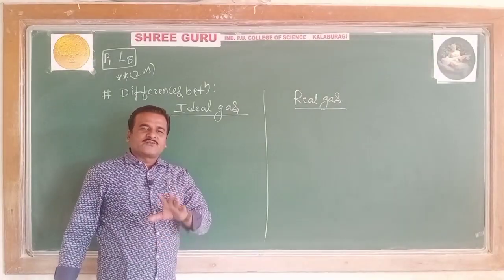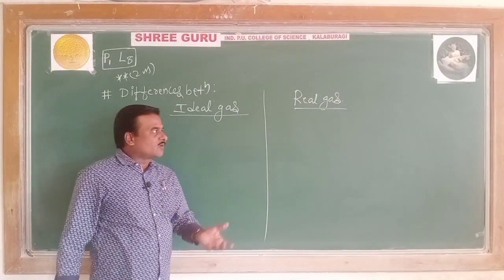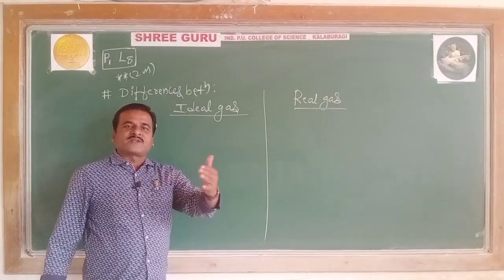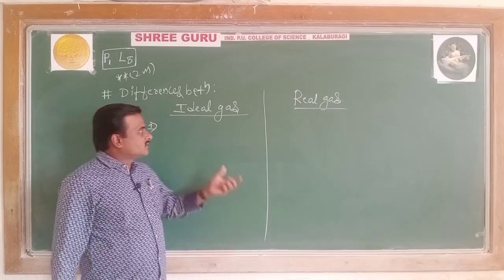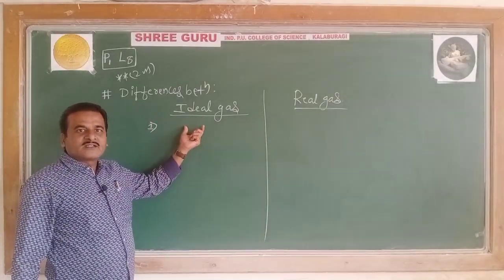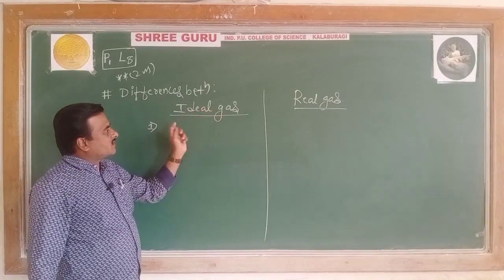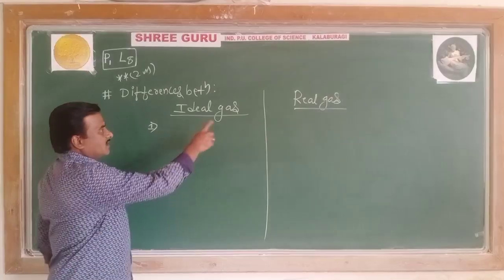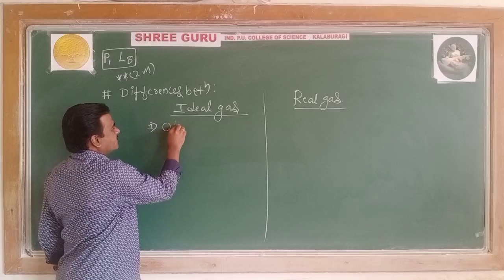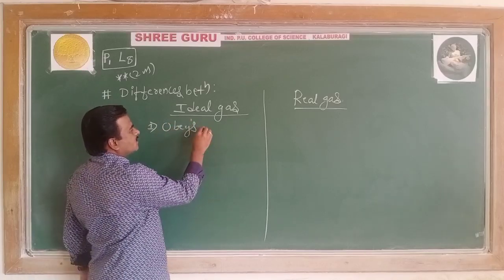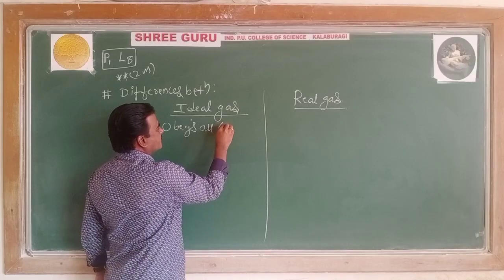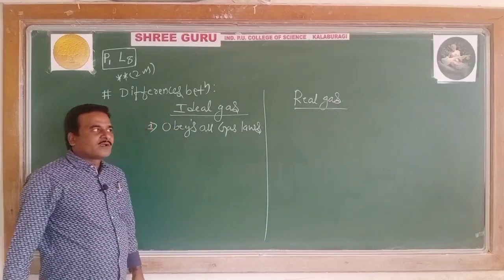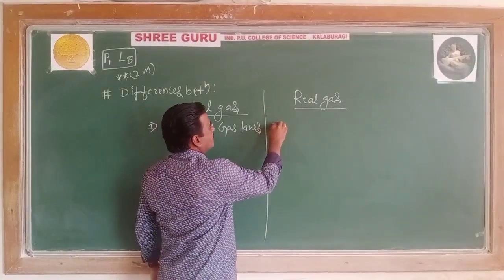What is the first point of difference? From the earlier discussion you know what ideal gases are: the gases which obey all the gas laws over a range of temperature and pressure. Real gases do not obey the gas laws.